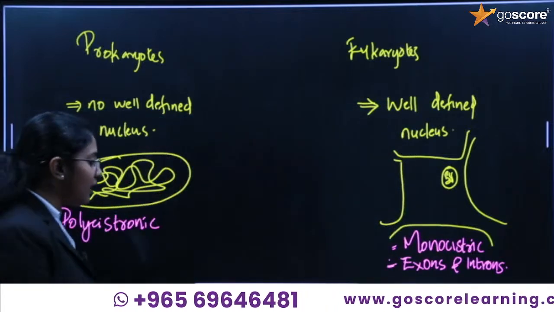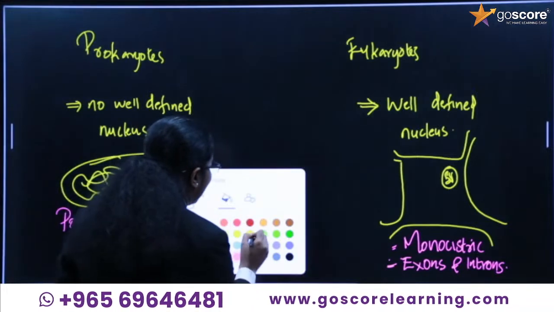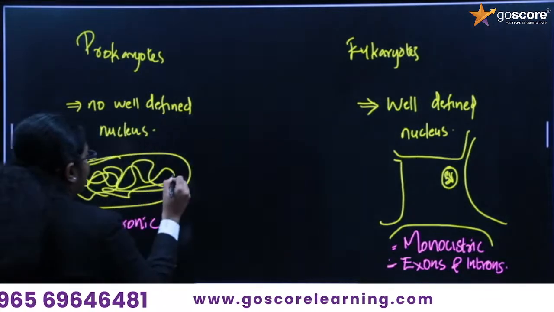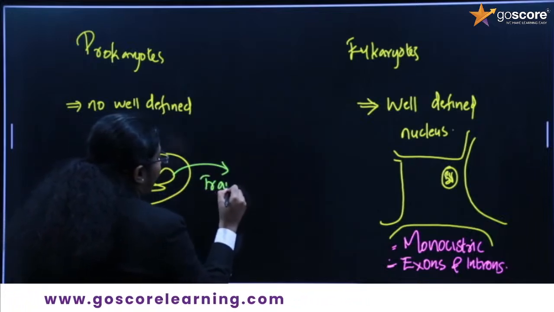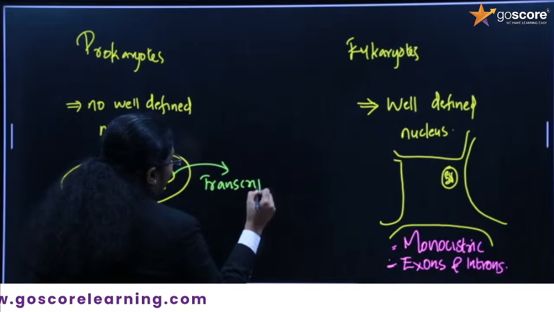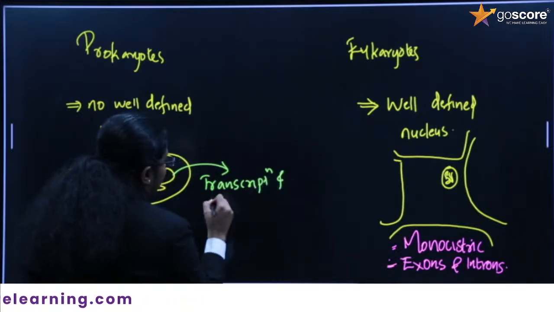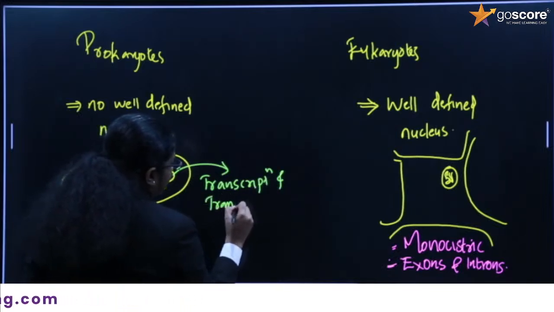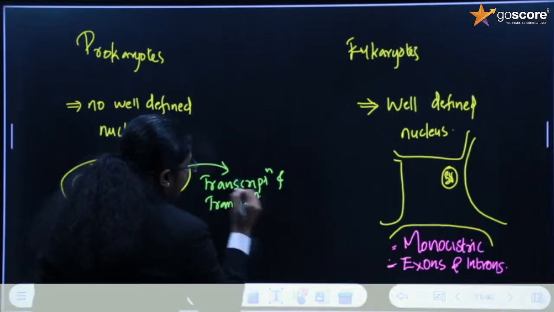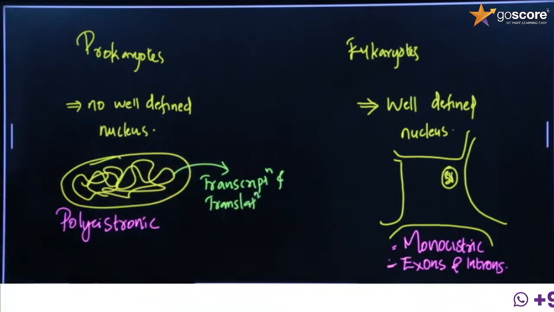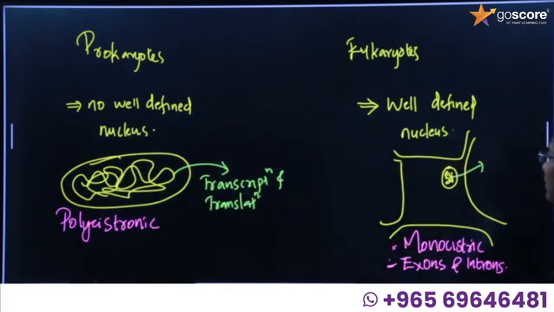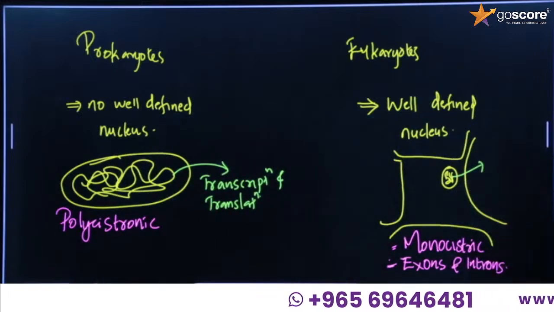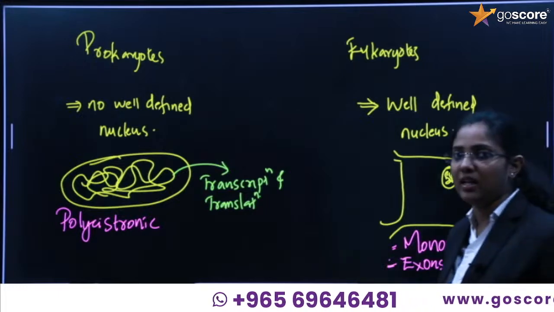So we can say the transcription and translation occur simultaneously in prokaryotes. Whereas in eukaryotes, the genetic material is present inside the nucleus.